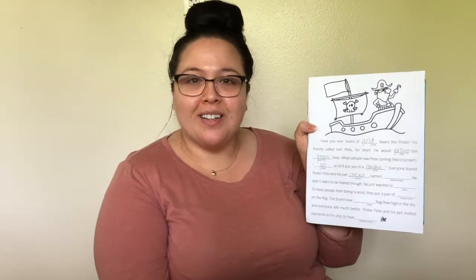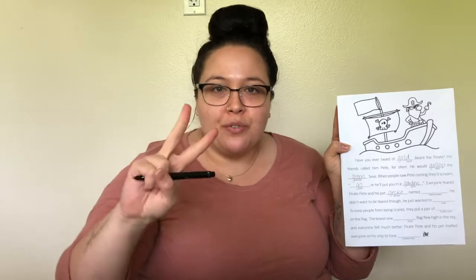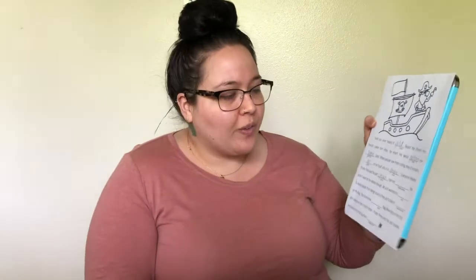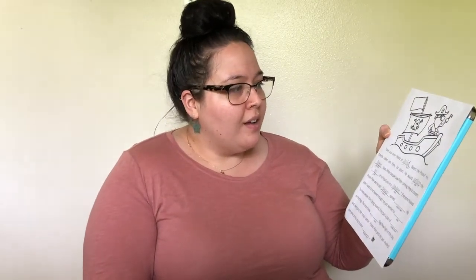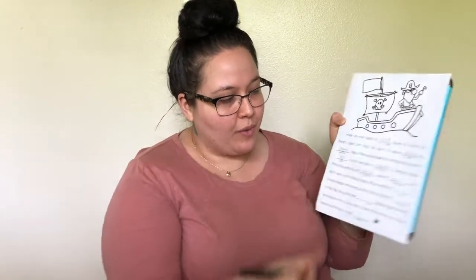A friend's name is our next blank space. So we said earlier that we have two friends that start with G. We have Gus and Grayson. So for this story, I think I'm going to use Gus. So Gus, you're going to be in our story, okay? Your name's right there on the line.